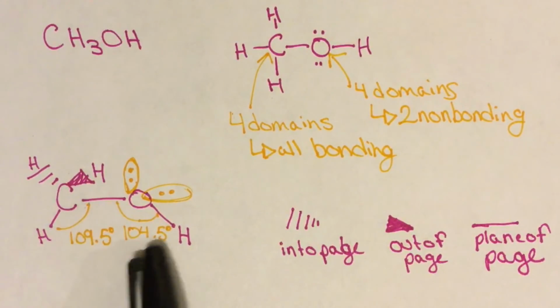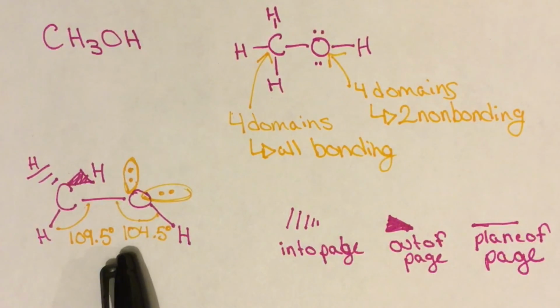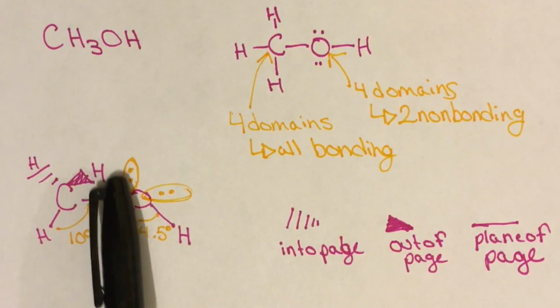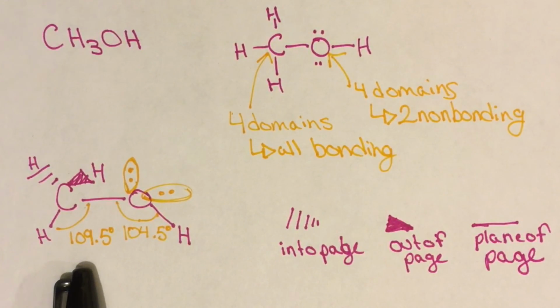And then we'll have the 104.5 degrees that you have in a traditional bent molecule. This is an approximation. It's going to change for each molecule, but we know that because it's a bent shape, because there are 2 non-bonding domains, it has to be less than 109.5 for certain.